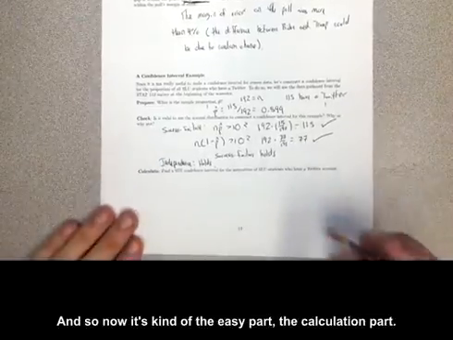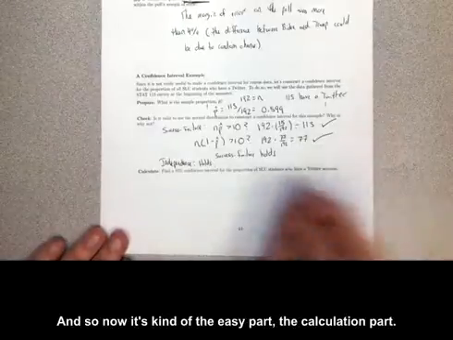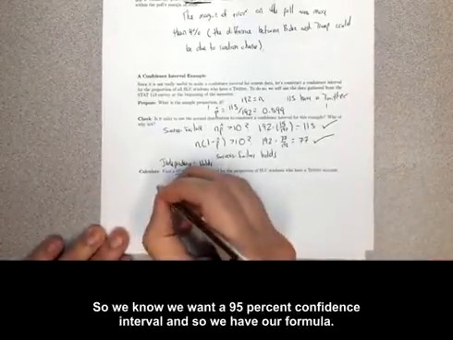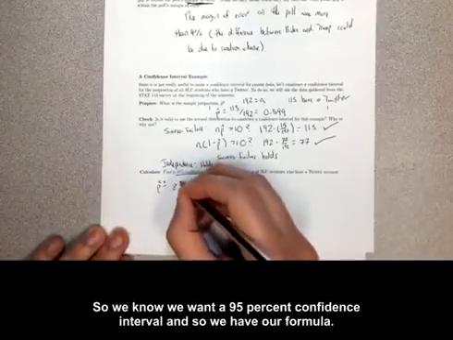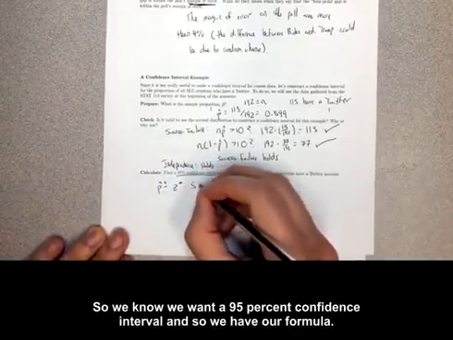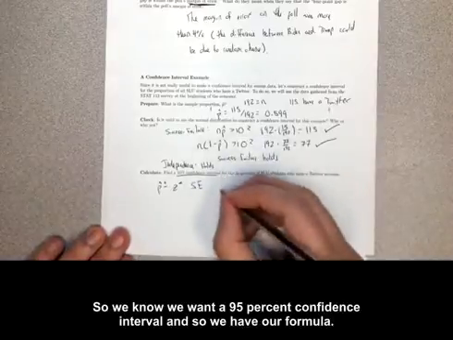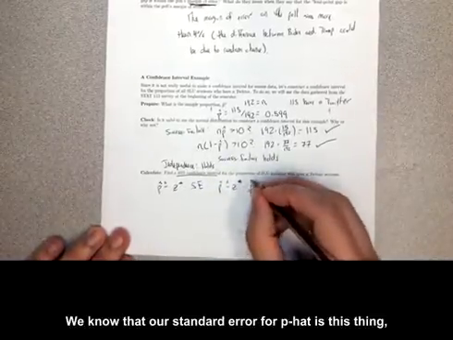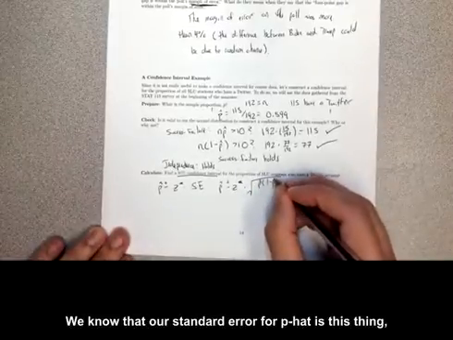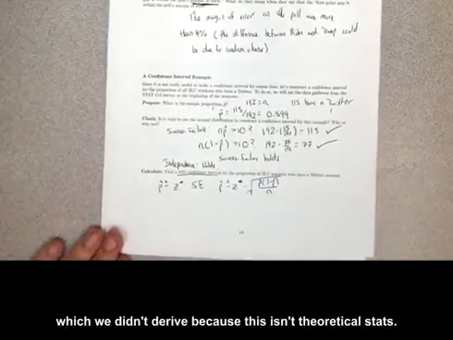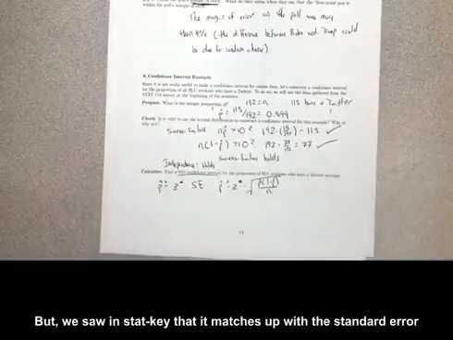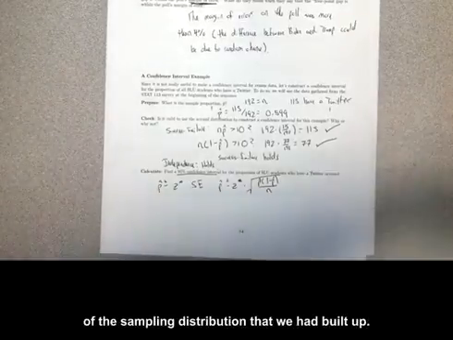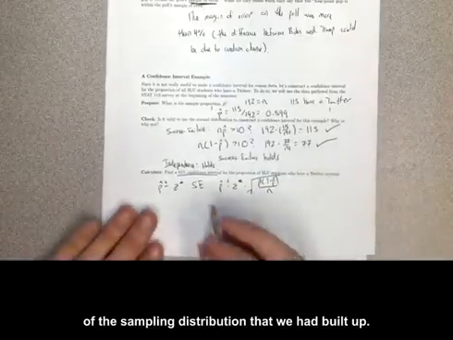Now it's the easy part, the calculation part. We know we want a 95% confidence interval, and we have our formula. We know that our standard error for p hat is this thing, which we didn't derive because this isn't theoretical stats, but we saw in StatKey that it matches up with the standard error of the sampling distribution that we had built up.